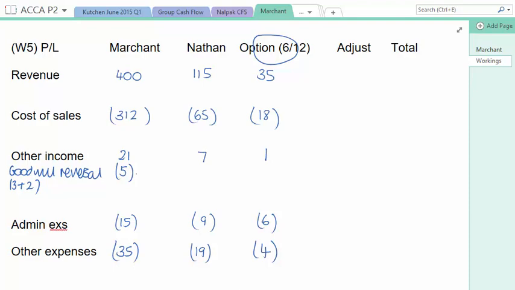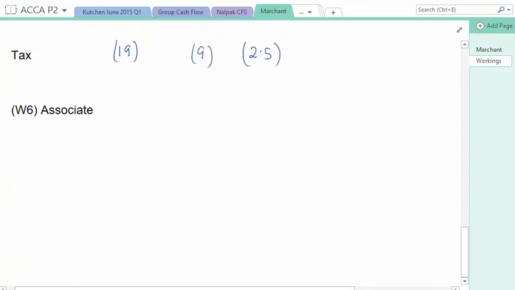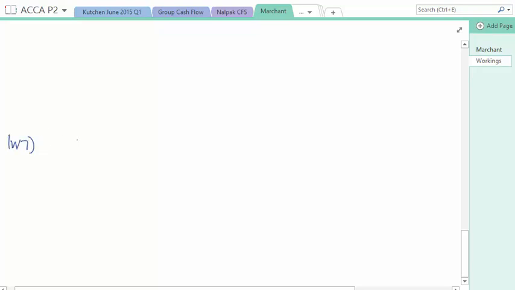Note 2, Marchant disposed of 8% of Nathan for a cash consideration of 18 million. So let's now deal with that disposal. So I'm going to open up a new working number 7.